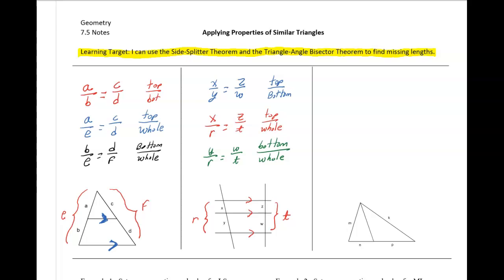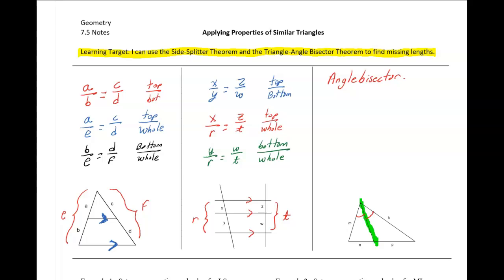And the third example here, this line that I'm highlighting in green is the angle bisector. So these two angles in red are equal. So we need to make sure that we know that that's the angle bisector.